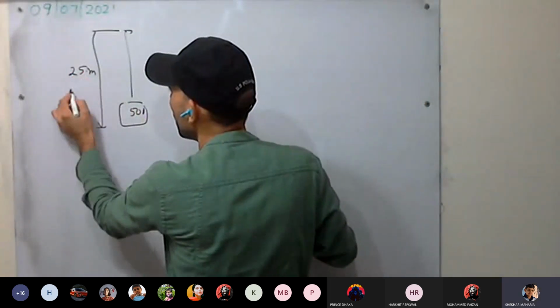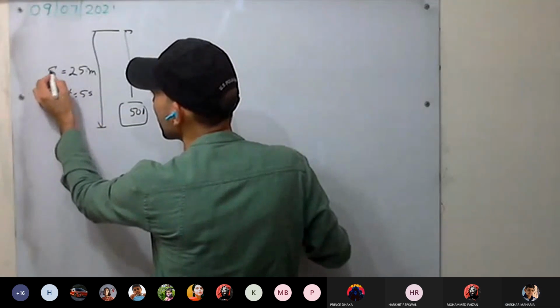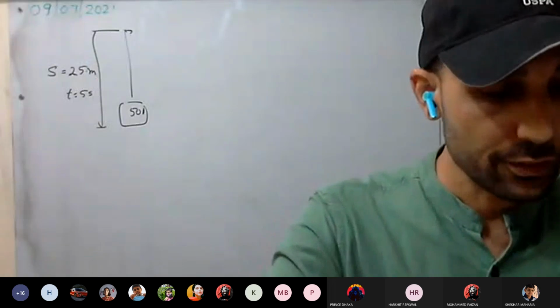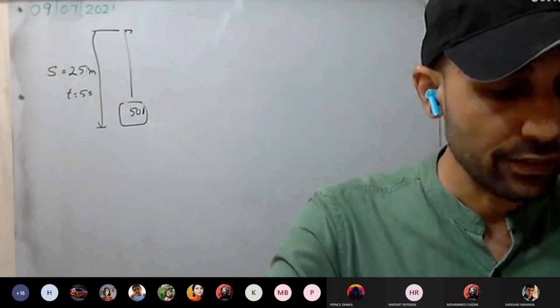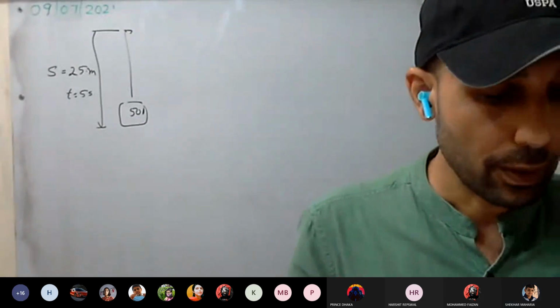Time t equals 5 seconds, and this is the displacement, or h, you can take. Calculate the power of the pump used.